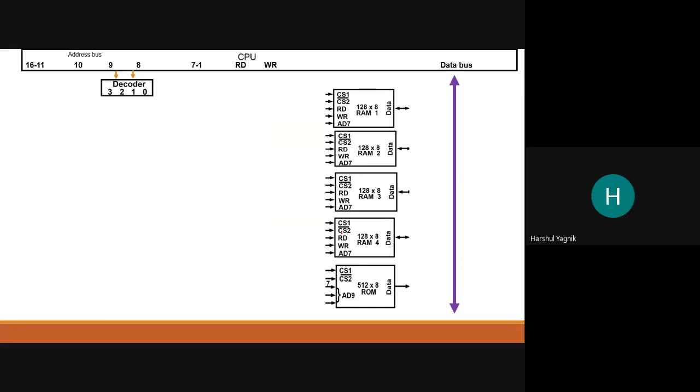Here on the top there is a CPU which has an address bus of 16 bits. There are read and write signals, then separate read and write signals and a separate data bus.